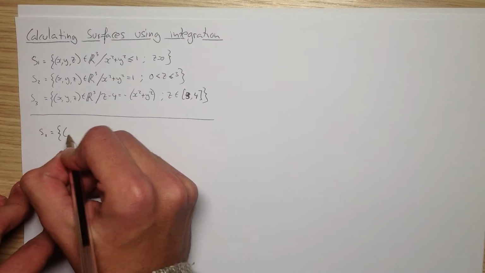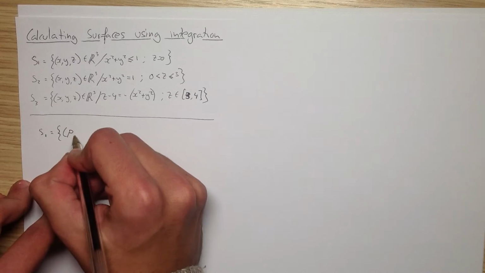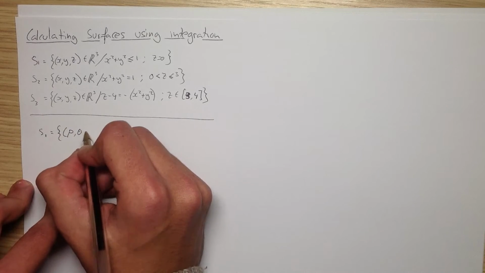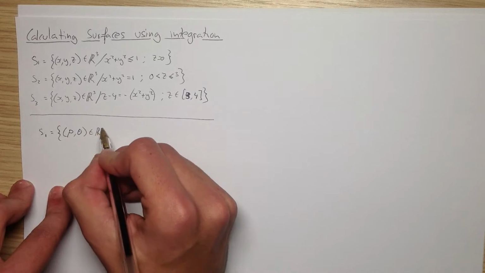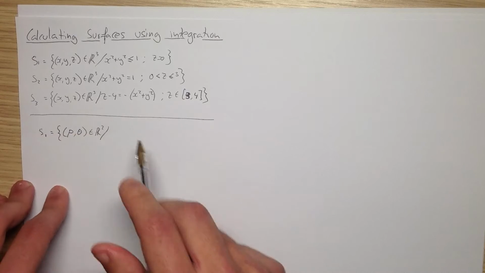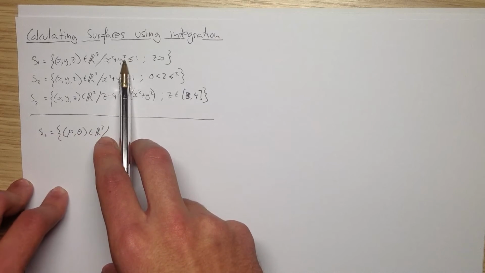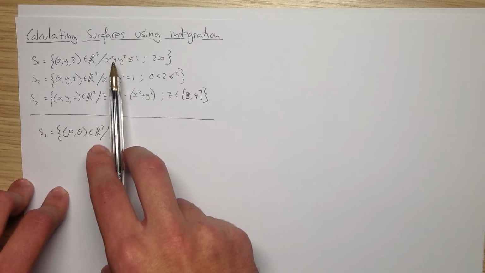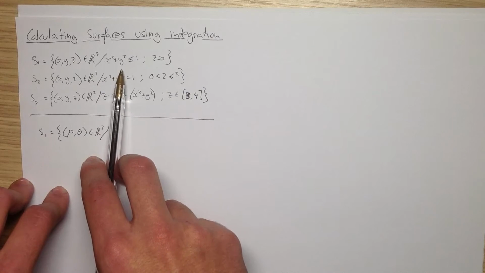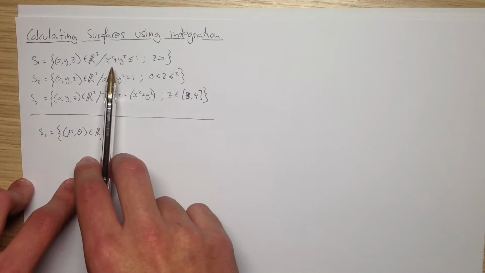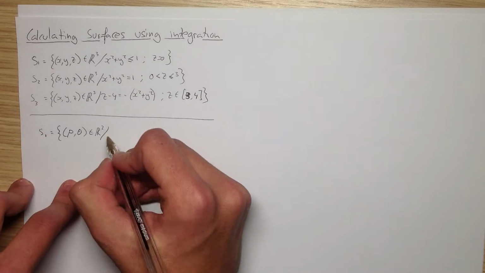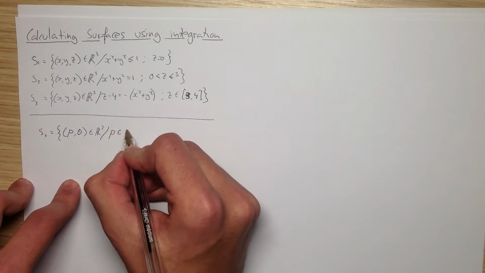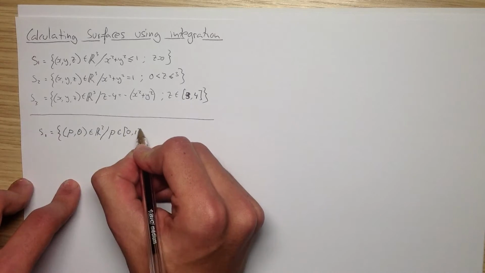Polars are defined in terms of rho and theta, which is our angle, in R cubed also. x squared plus y squared will be rho squared. So rho will go from 0 to 1, so rho in the interval from 0 to 1.